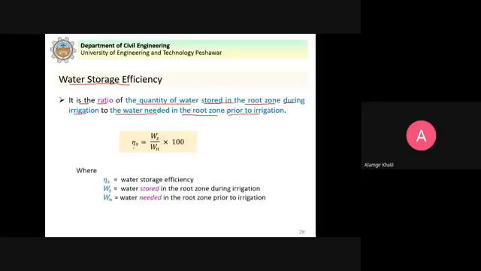It is given by this expression, eta S, that is the water storage efficiency. W sub S is the water stored in the root zone during irrigation, and W sub N is the water needed in the root zone before irrigation. So this is how we define the water storage efficiency.